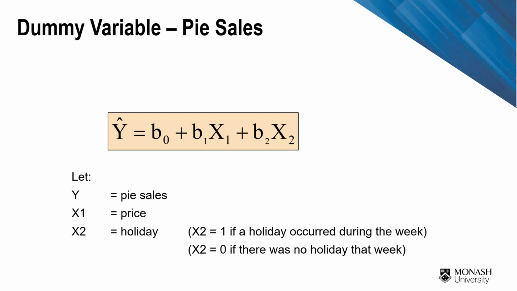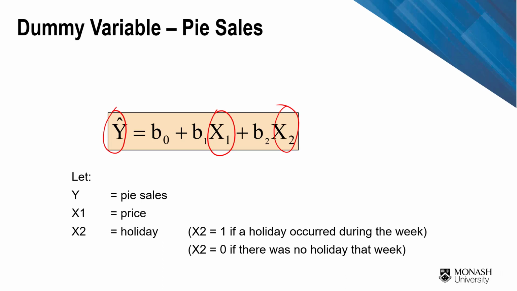So, for example, it is pie sales. We want y to be pie sales, and x to be the price. Now we want holiday in here. So x2 is equal to 1 if a holiday occurred during the week. Fair enough.